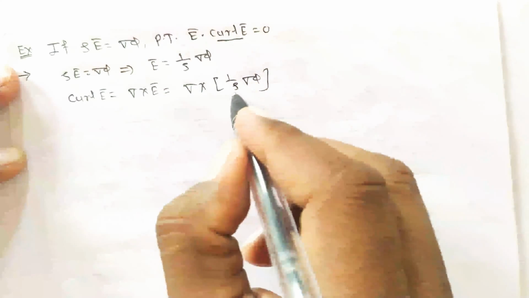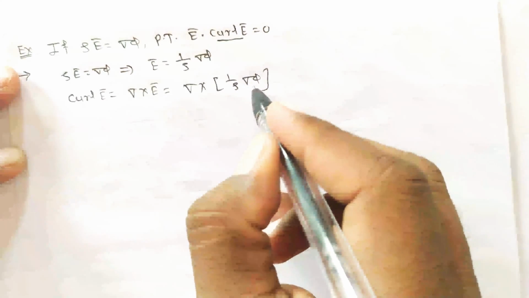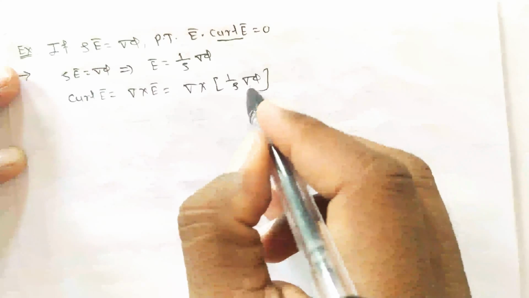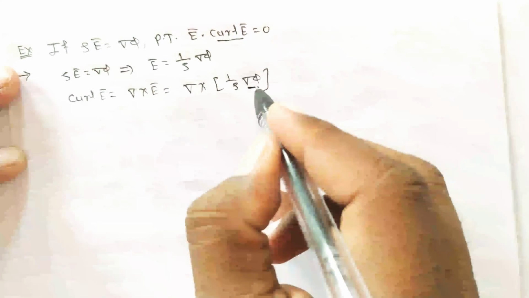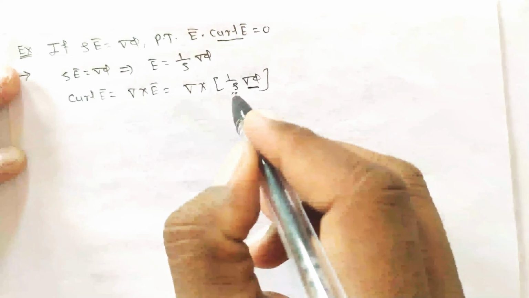Here rho is a scalar quantity, phi is a scalar quantity, but if we operate del on phi, then del phi is a vector. So del phi is a vector and 1 by rho is a scalar.